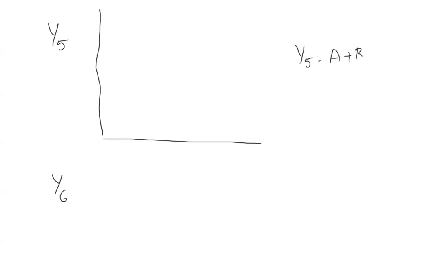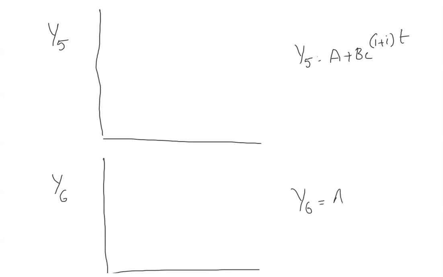A plus B into e power (1 plus i) into t. What is Y6? A plus B into e power (minus 1 plus i) into t. Can you try to plot these two responses?